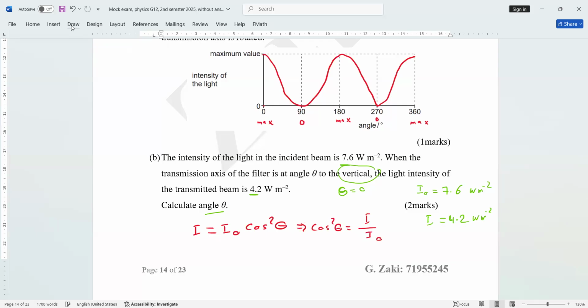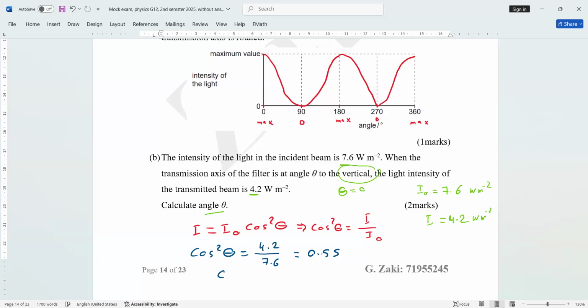So cosine squared theta equals I, which is 4.2, divided by I naught, 7.6. Then we can get this answer: 4.2 divided by 7.6 equals 0.55.